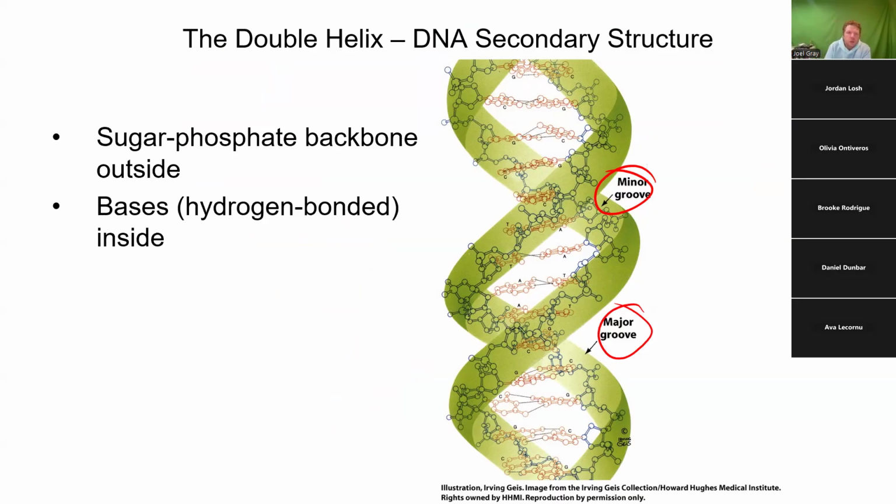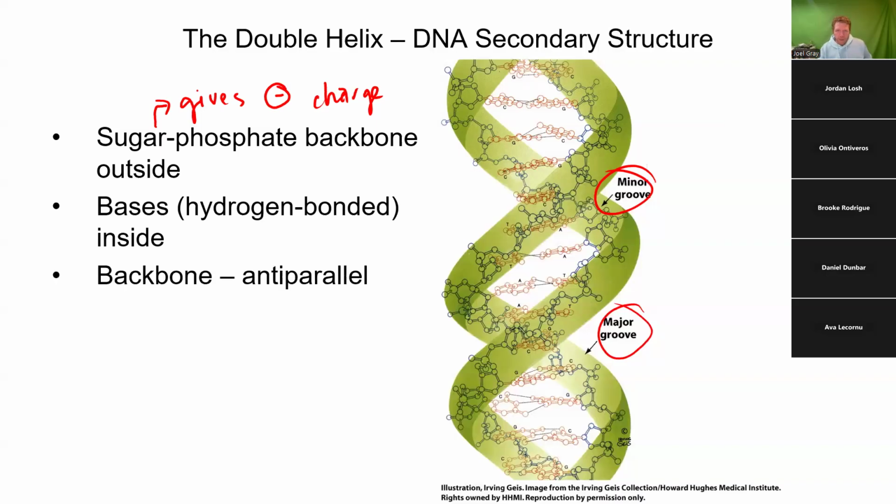Now, this sugar phosphate backbone gives the negative charge. So if you ever talk about a DNA molecule having a negative or a positive charge, or what is the charge of a DNA molecule? Well, the sugar phosphate backbone gives it an overall negative charge. Now, the backbone, you have two strands that are anti-parallel of one another.